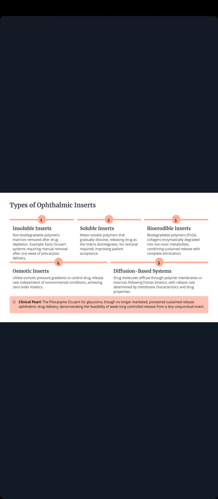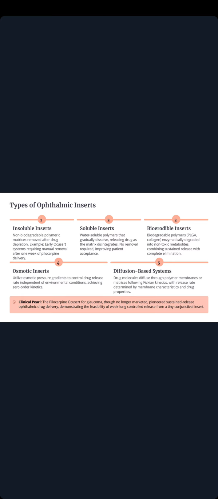Then we have soluble inserts. They were water-soluble polymers that gradually dissolve and release the drug from the matrix and disintegrate afterwards. So there was no removal needed. So it's better. It is more acceptable to patients.